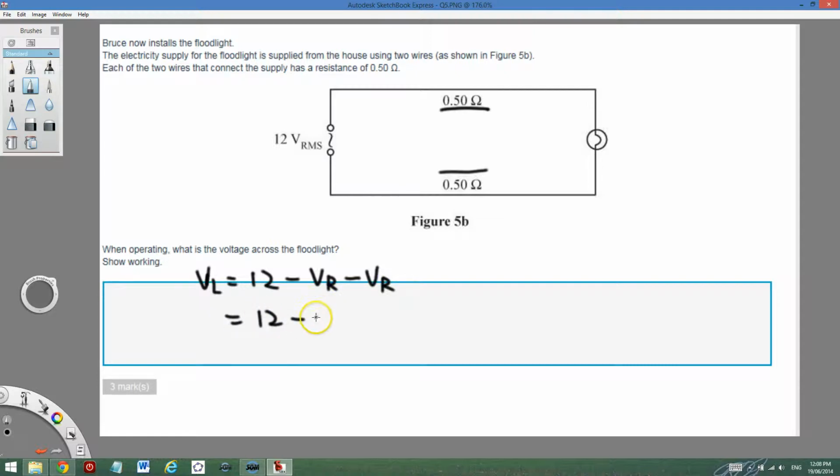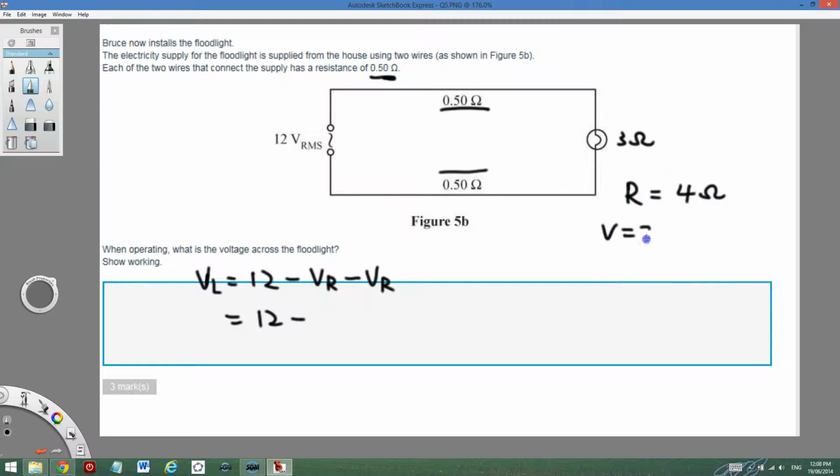So it's going to be 12. The current was 4 amps. No, the current is not 4 this time, let me have a look. We have 3 ohms here, and 0.5 for each wire. Just treat it like a series circuit. The total resistance is going to be 4 ohms.